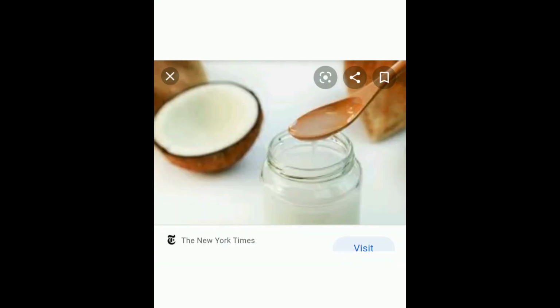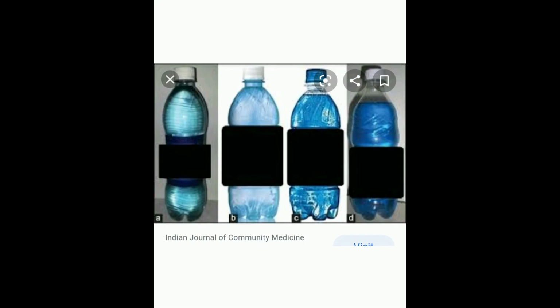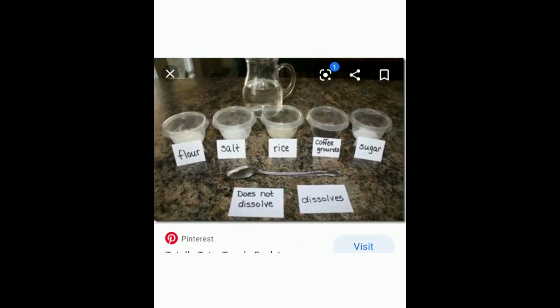We have to test which solvent dissolves more substances. Okay. So we take a number of solutes such as sugar, salt, copper sulfate, jaggery, sugar candy and potassium permanganate. You have to dissolve every solute in each of the 3 solvents. Then note down your observations. Continue the experiment with other materials too. Okay.